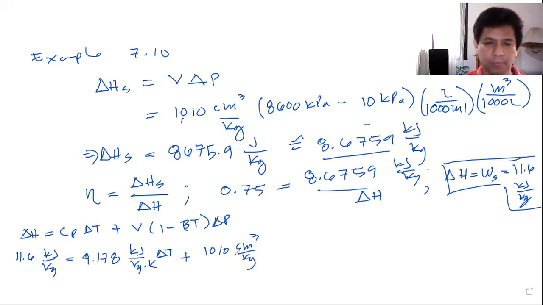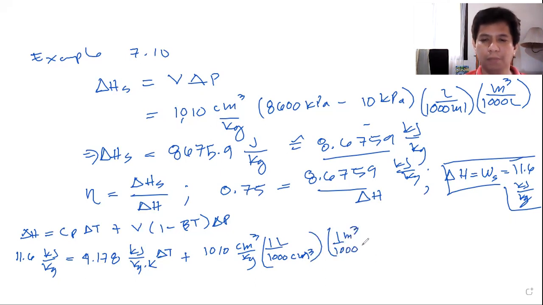Just like before, you can convert this to cubic meter by dividing by 1,000. The first 1,000 converts this to liter, the second division by 1,000 converts this to cubic meter. Or to be faster, just put divided by 1,000 squared. Then our V is okay.